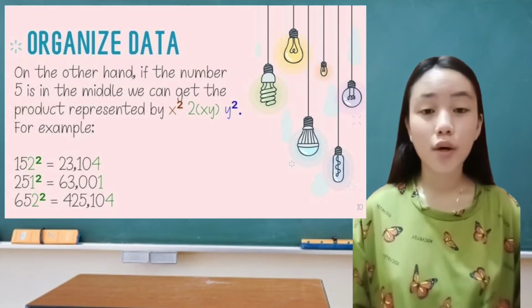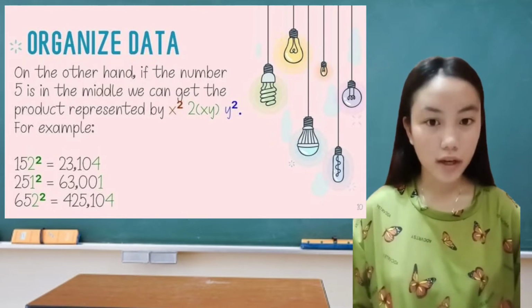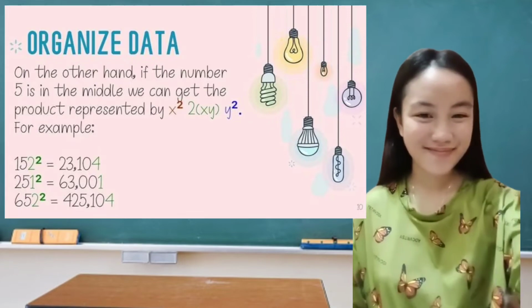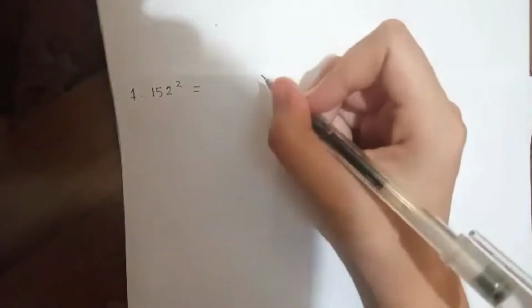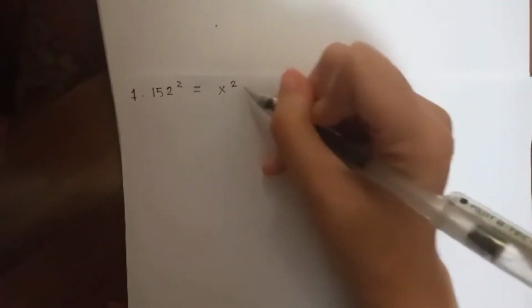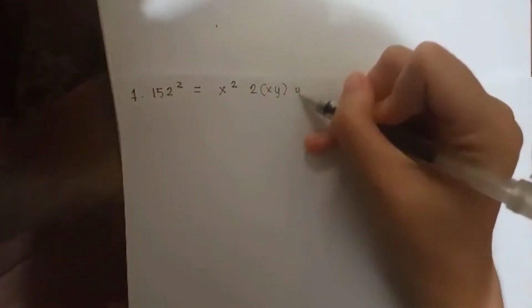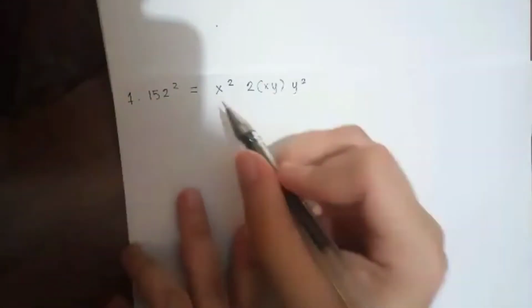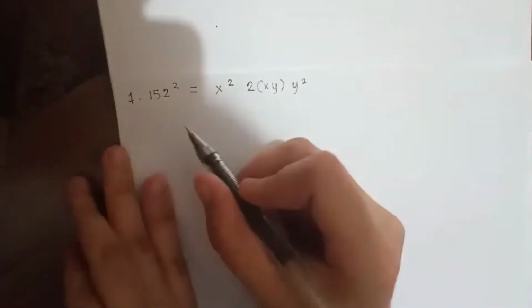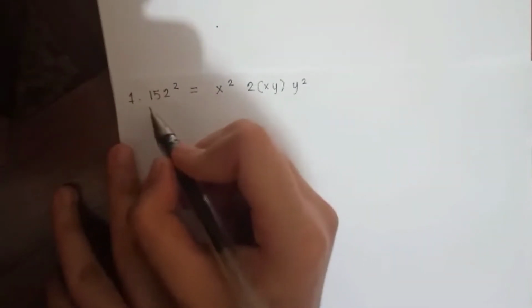On the other hand, if we are to square numbers where 5 is in the middle, we can get the product or the square by x squared, 2xy, and y squared. Let me show you. The first example that we have is 152 square. And we have to copy the formula that I said, x squared, 2xy, and y squared. So the x here, just like the previous video, can contain one or more digits.